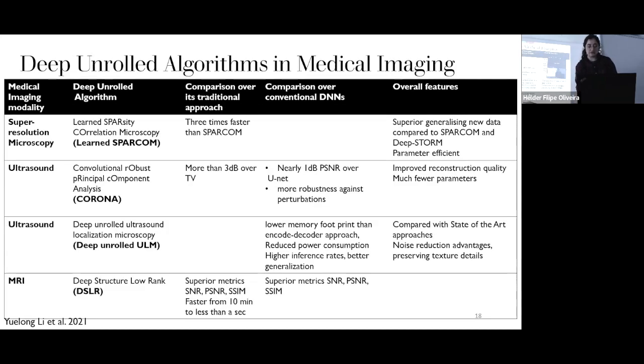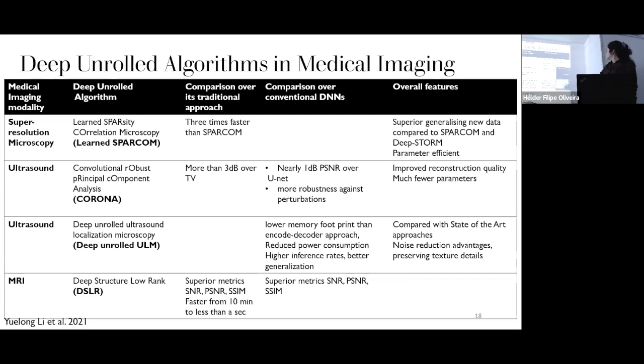And this is overall, and in other medical imaging modalities: super resolution microscopy, ultrasound, and MRI. And again, this is the deep algorithm that was unrolled, and the comparison with the traditional approach and deep neural networks.